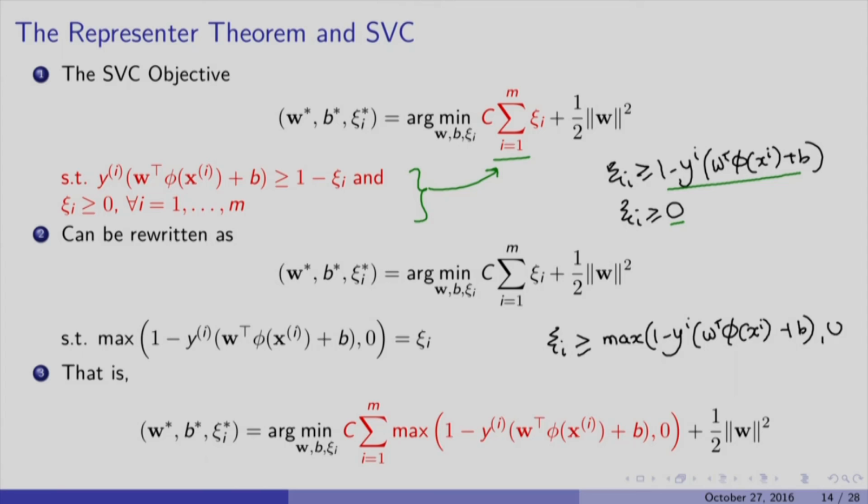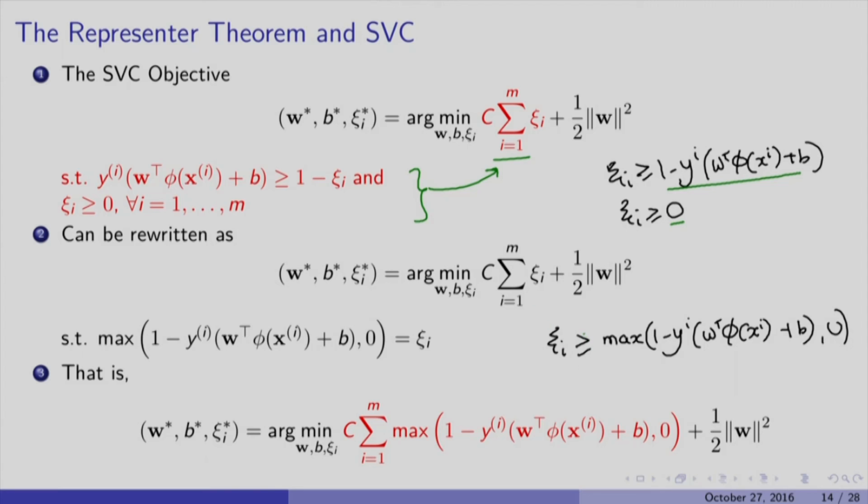What we next note is that xi_i has no incentive to exceed the max of the two quantities on the right hand side, because we are interested in minimizing the sum of the xi_i's.